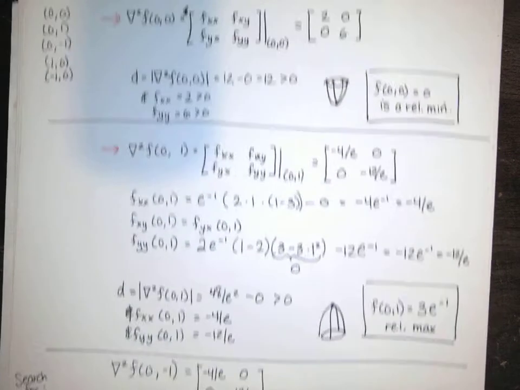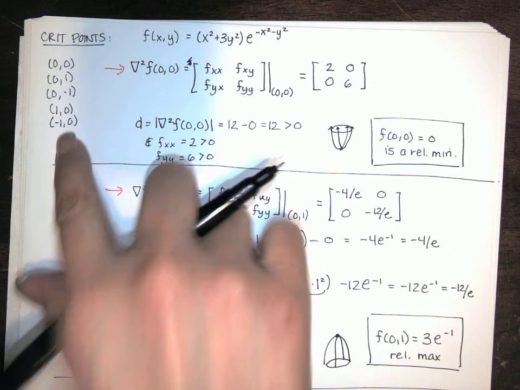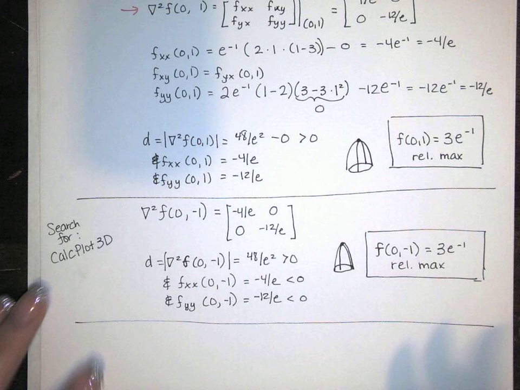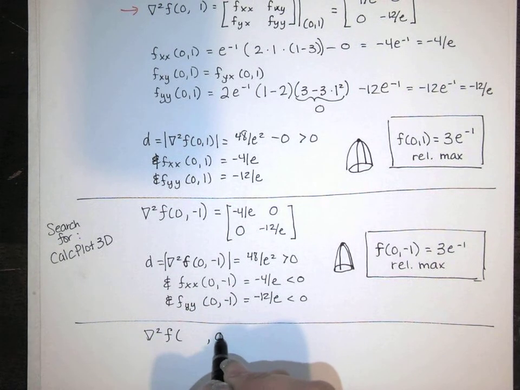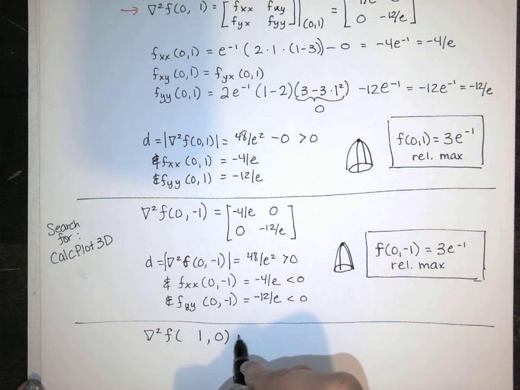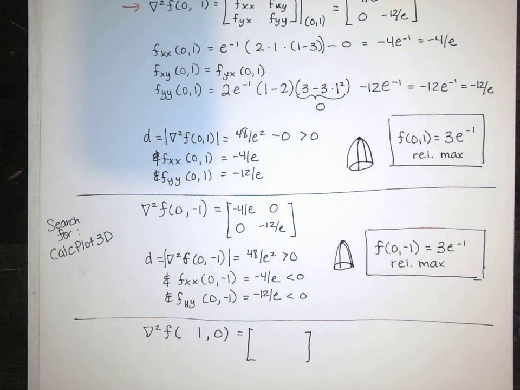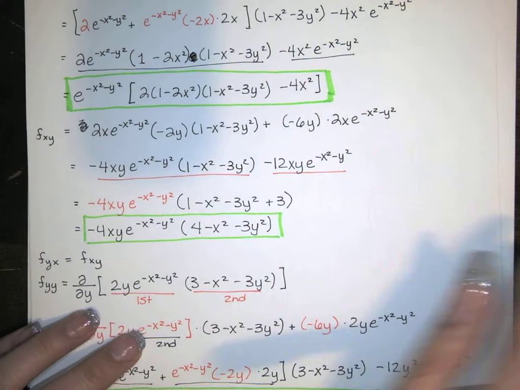Let's go back to classifying our critical points. And now we want y to be 0 and the x values to be plus and minus 1. So y is 0 and x is 1. See what we get this time. And look for symmetry again.